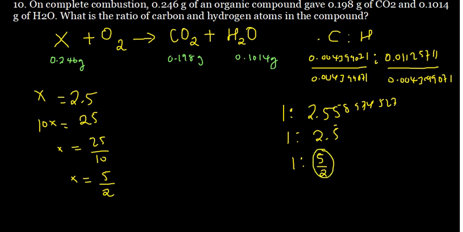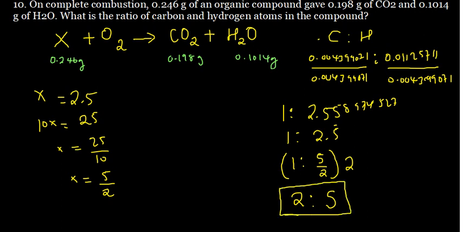So what I'm going to do is multiply both sides by what is in the denominator, which is 2. So 2 times 1 is going to be 2. Then 2 times 5 over 2 is going to be 5. So the ratio of carbon to hydrogen in this compound is 2 to 5. So in cases where we've got something ending in 2.5, we shouldn't round off to the nearest whole number, which is a 3. We shouldn't do that. We express it as a fraction, and then multiply throughout by what is in the denominator.